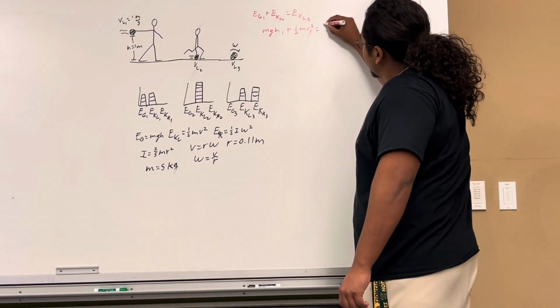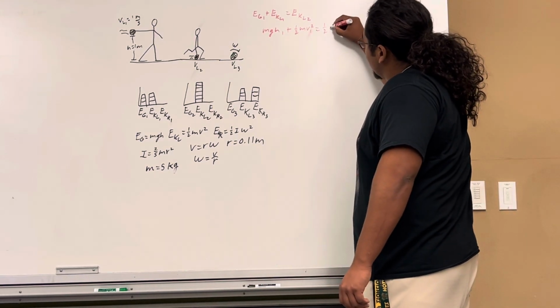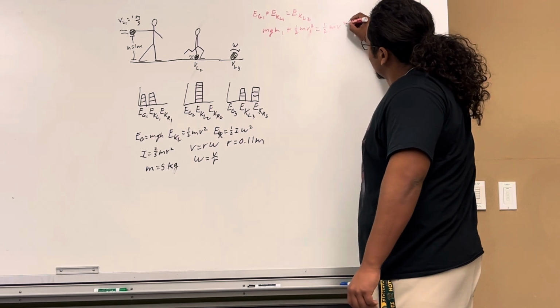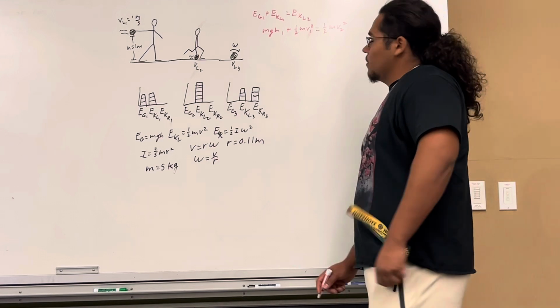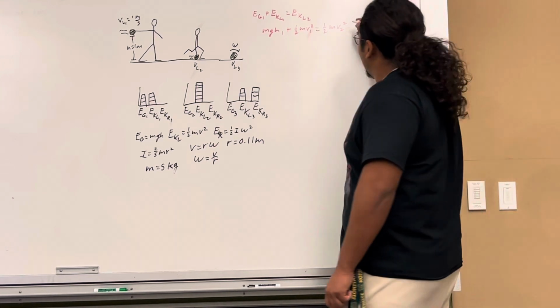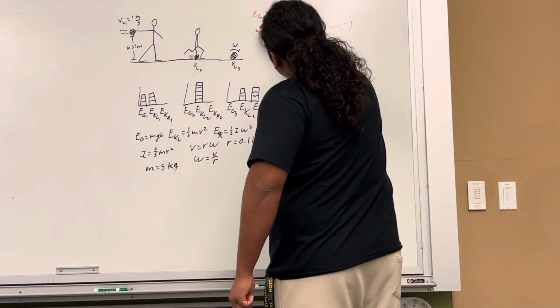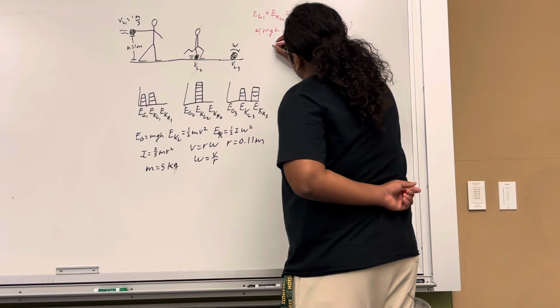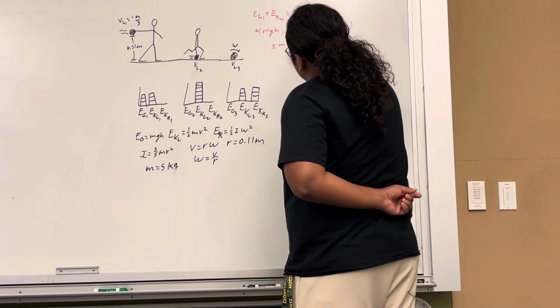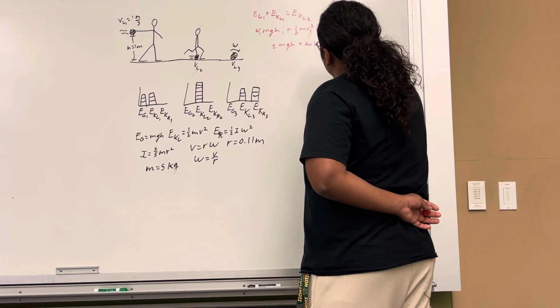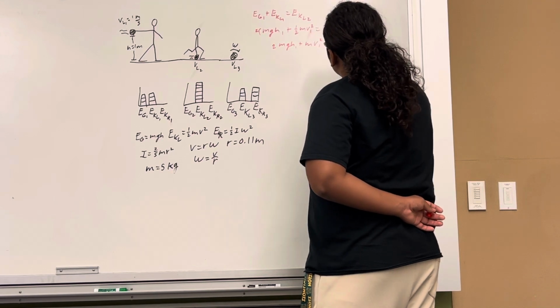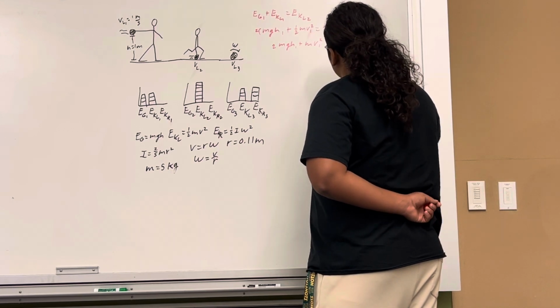And this is all equal to the kinetic linear energy of event 2. Now, for starters, multiply both sides by 2, canceling out the 1/2, making mgh. All I did was plug in values.